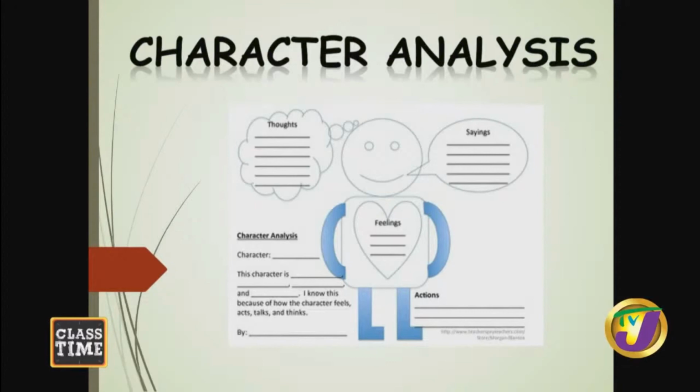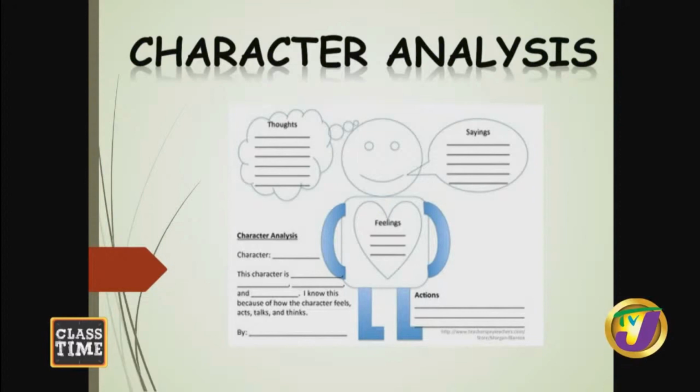Now for the CXC Theatre Arts exam, let me remind you students that there are three components. We have stagecraft, dance, and drama. For the drama students and the dance students, you might find that there are similarities with the questions.